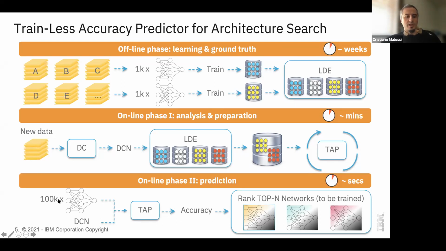So we can generate the structure of a lot of different neural network models, combining layers in different ways, and pass this structure without any training to this predictor and get from it the accuracy of the model. And this enables us to do a quick search over a very large space of exploration and identify the potential top models without training them, which makes it very fast.